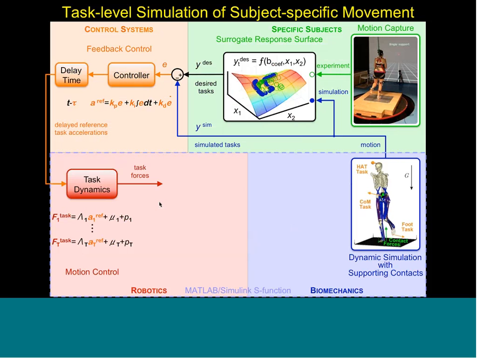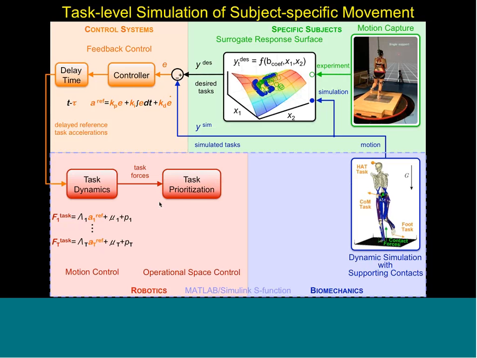Because we have 3 tasks here, we end up creating these 3 task vectors, which are basically virtual task forces necessary for causing the desired task acceleration. So now we come up with these 3 task forces that Jeff also showed in the earlier videos. And how do we go from these task forces to our generalized forces?